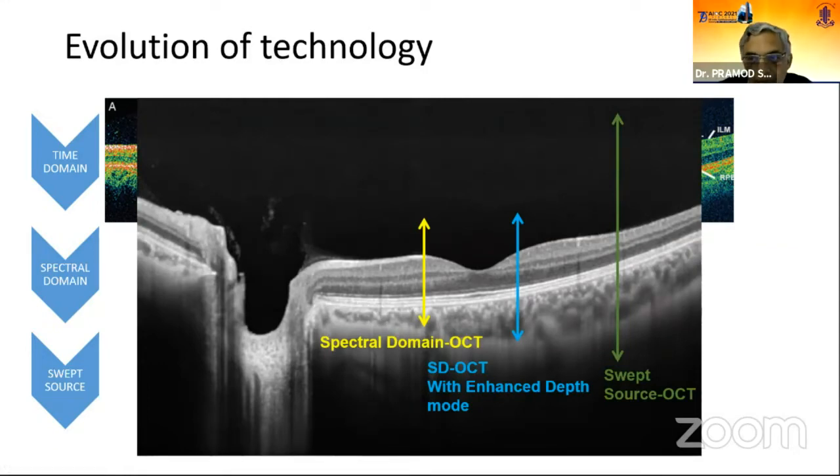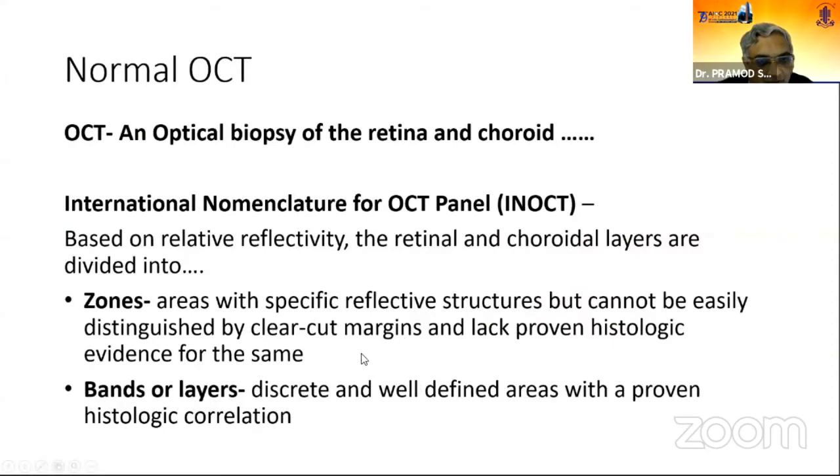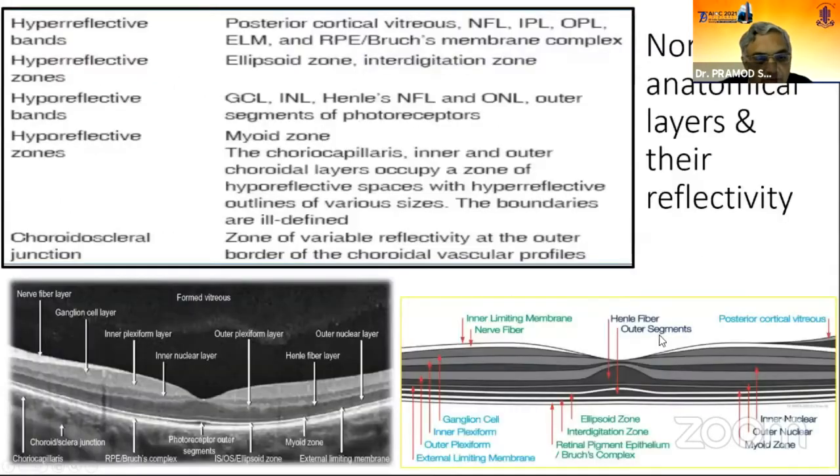Based on relative reflectivity, the retina and choroidal layers are divided into different zones, bands, or layers. When you see a typical normal OCT, the nerve fiber layer, inner and outer plexiform layers, external limiting membrane, and RPE-Bruch's membrane complex are generally hyperreflective bands, as against the ganglion cell layer, inner nuclear layer, outer nuclear layer, and outer segment of photoreceptors, which are generally hyporeflective bands.